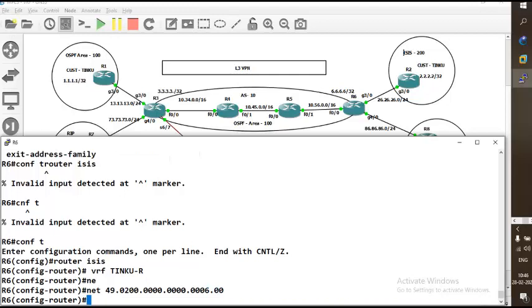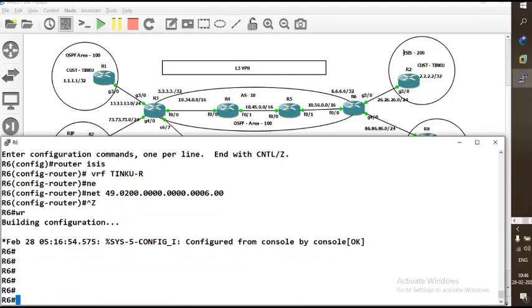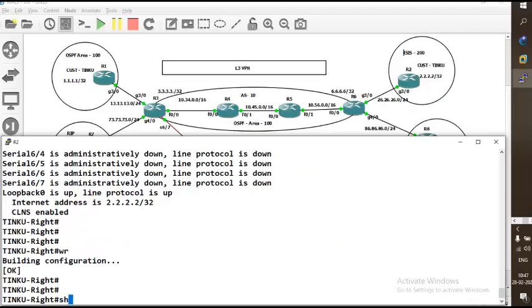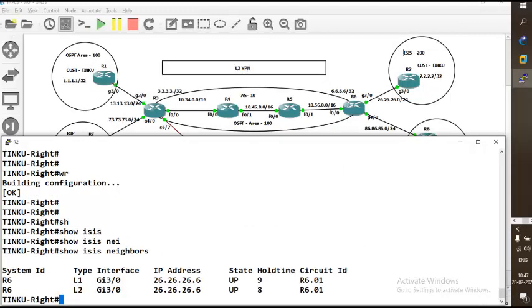Okay, now we will see the ISIS neighbor coming up. Show ISIS neighbor. You look at this with R6, you have already found the neighbor.